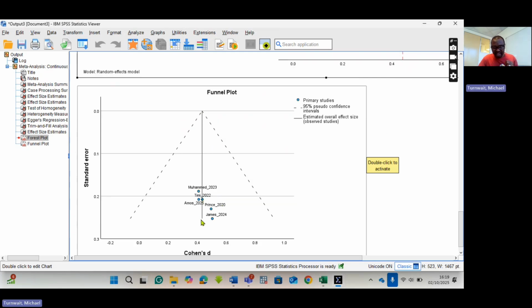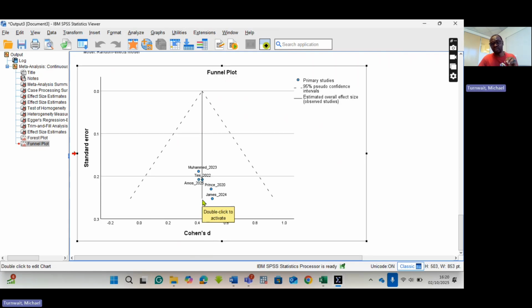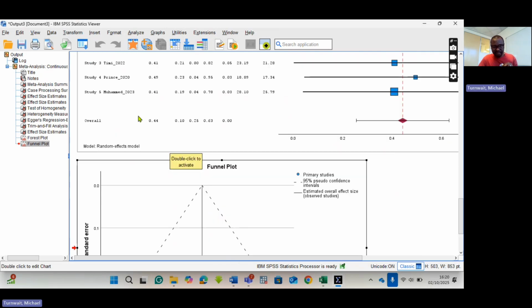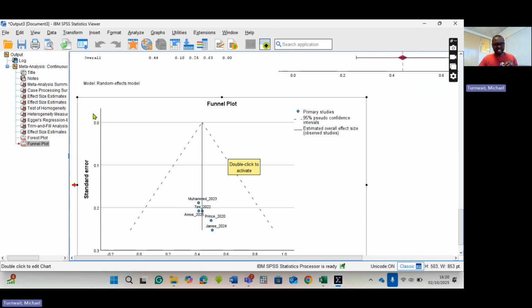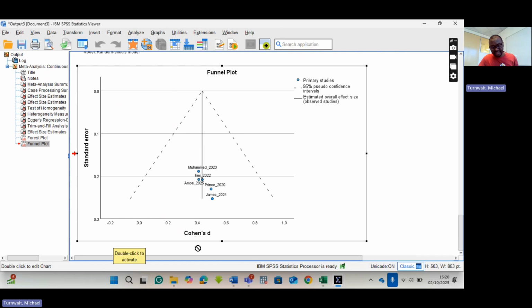The vertical line is the estimated overall effect size of the included studies, moving towards 0.44, telling us the same 0.44 which we had here. The standard error is on the y-axis, while the x-axis is the Cohen's d, referring to the effect sizes.